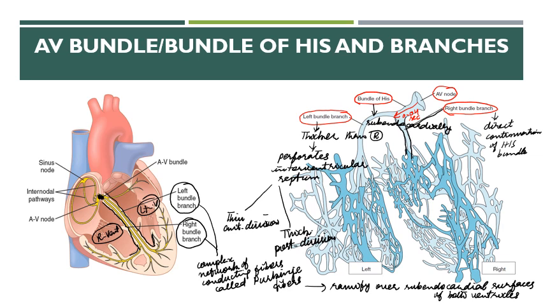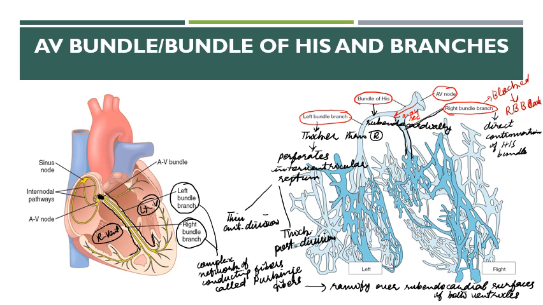The block of either of the main bundle branches: if the conduction through the right bundle branch is blocked, it is called right bundle branch block.